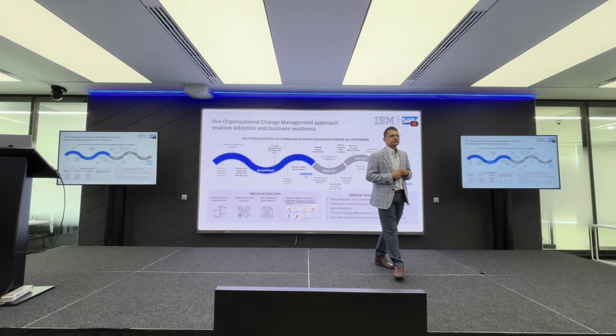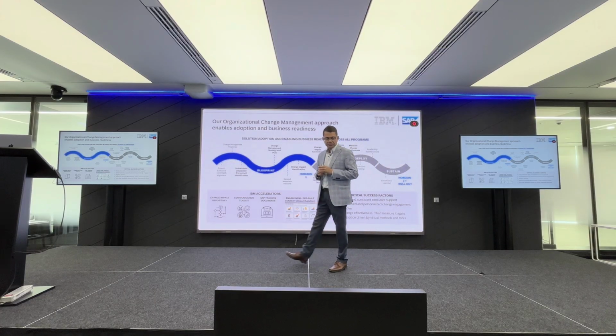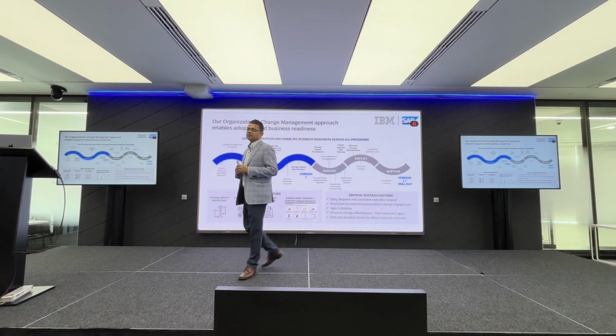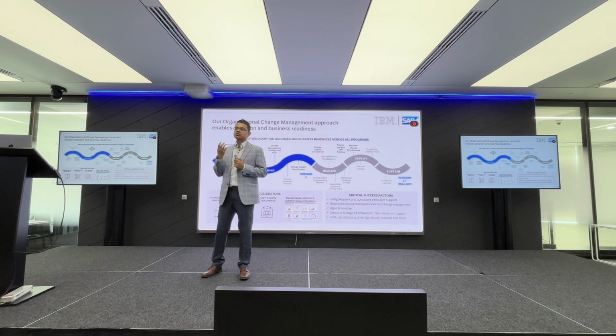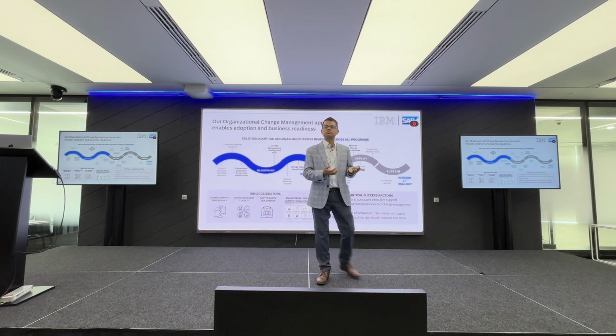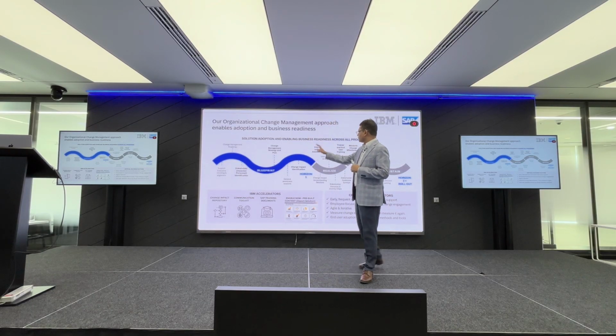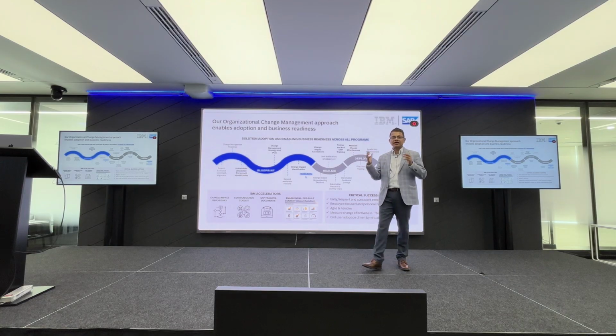In terms of implementation, because we are going to be talking about custom AI and business AI, what is very important is how do I implement AI? Even to implement AI, you will need a user story, you will need to write some test scripts, you will need to write some specs, because you cannot just move code to production without any documentation. We have put IBM accelerators in place to even help you with that.